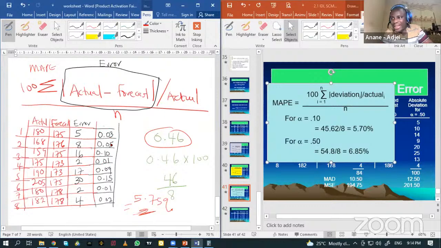After getting the 0.46, we multiply by 100%, and we got 46, and we are supposed to divide it by the number of periods, and the number of periods was 8. So we divided by the number of periods, and that is how we got the answer 5.76.